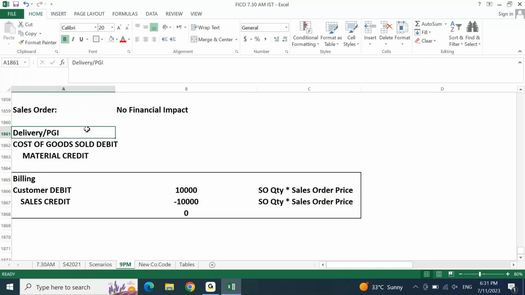Before you do all these things, the first thing we need to understand, if you look at a particular sale transaction, is whether we are able to figure out what profit you are making from this sale. Just by looking at the sale transaction, without depending on any reporting, whether it is a COPA related report or a finance related report, you must be in a position to drill down from the sales order or from a PGI document, delivery document, or billing document.